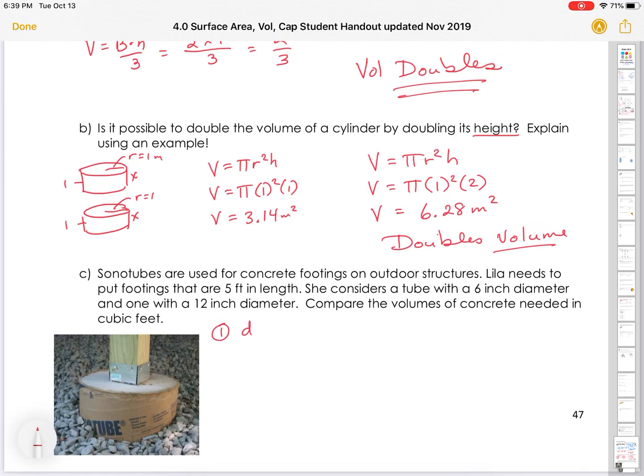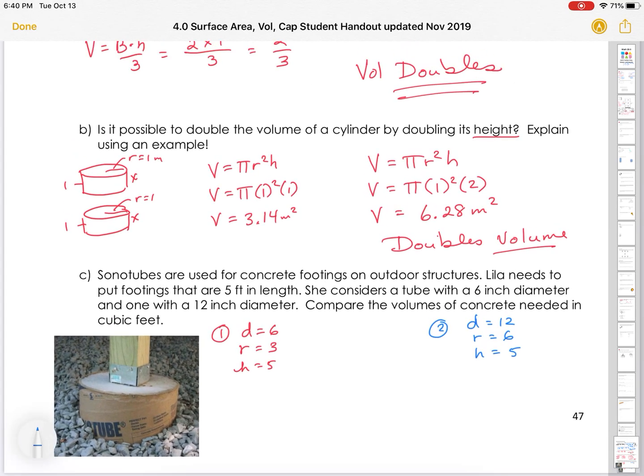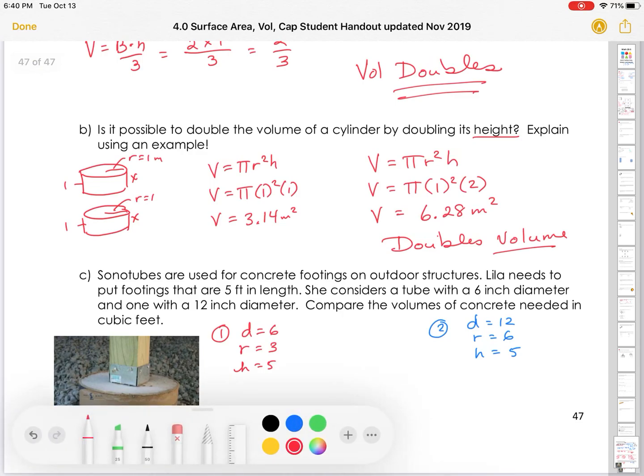For the first one, she has a diameter of 6, so that means our radius is 3, and we have a height of 5 feet. Correct? Yes. For 2, we have a diameter of 12, which gives us a radius of 6, and again, our height is 5. So let's try both of these out.